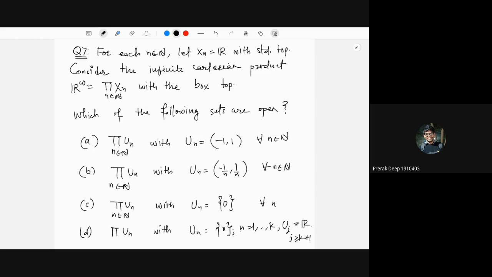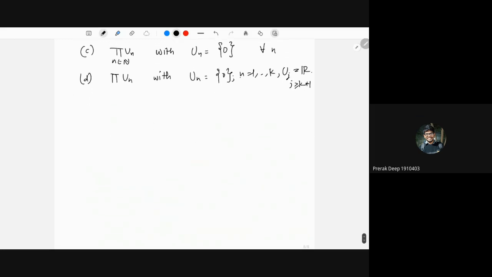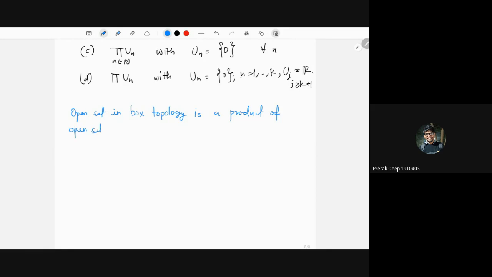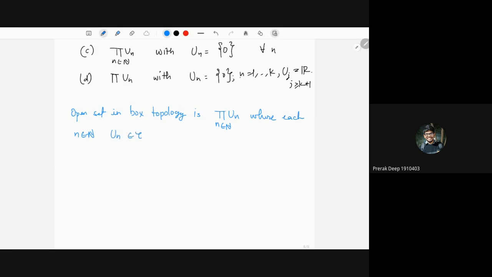As I said earlier, an open set in this box topology is a product of open U_n, where for each n, U_n is in the topology of X_n. So this is the open set in the box topology.